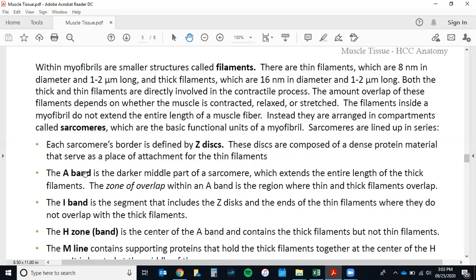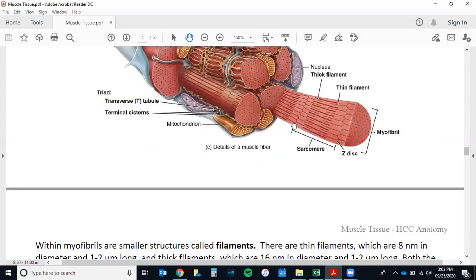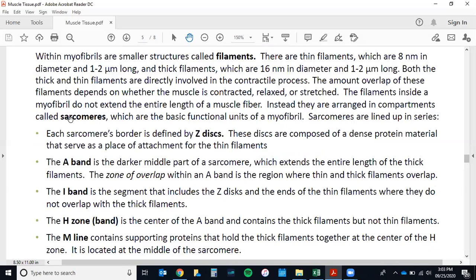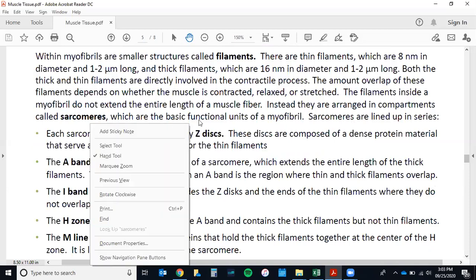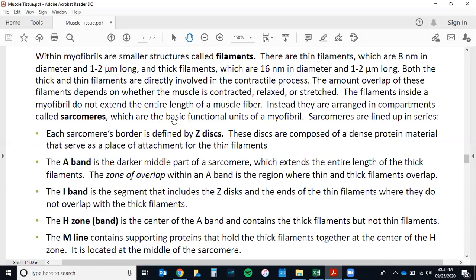Filaments inside a myofibril do not actually extend the entire length of a muscle fiber. Instead, they're organized into functional units, which we call sarcomeres. Okay, so a sarcomere, as I put there on the whiteboard thing I created, is a basic functional unit of a myofibril.